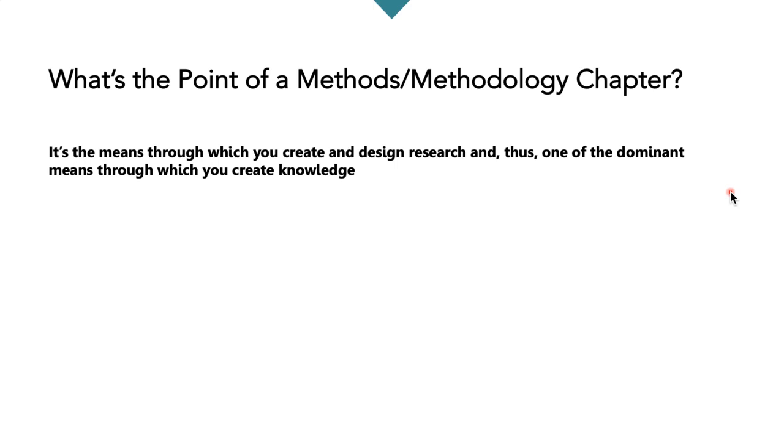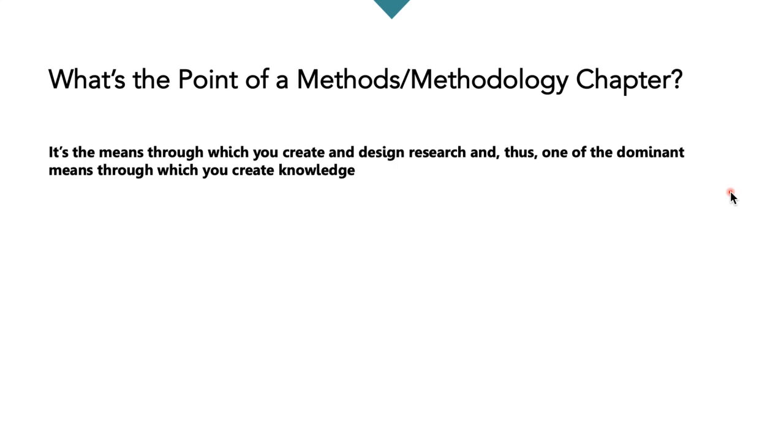This is the chapter where you explain to the reader how you approached and designed the research. And if research is the method through which you try to formulate and cultivate new knowledge, then effectively this is the chapter, the methods or methodology chapter, where you establish those foundations for the reader. That's where you establish how you went about creating and cultivating that knowledge.